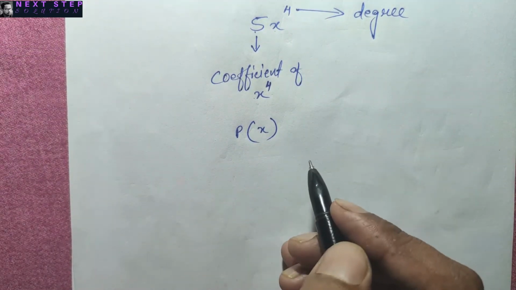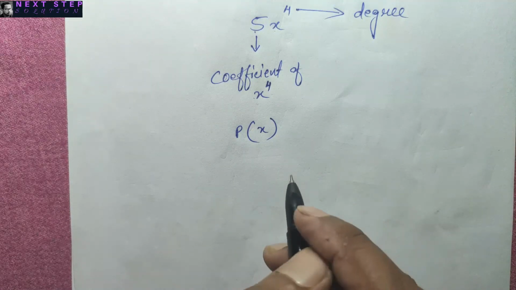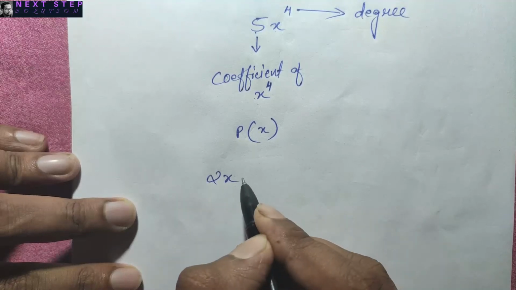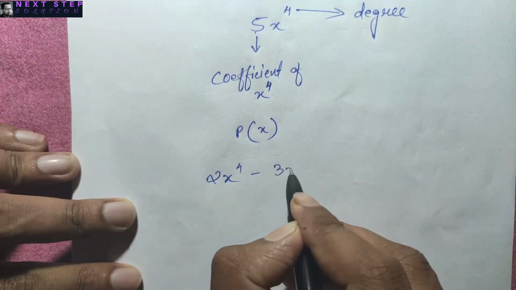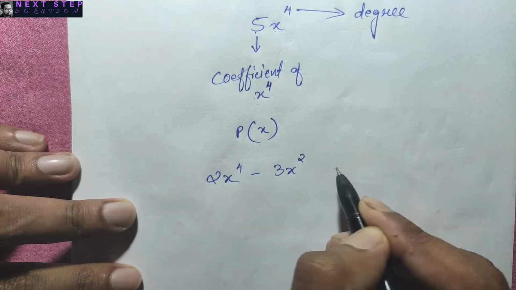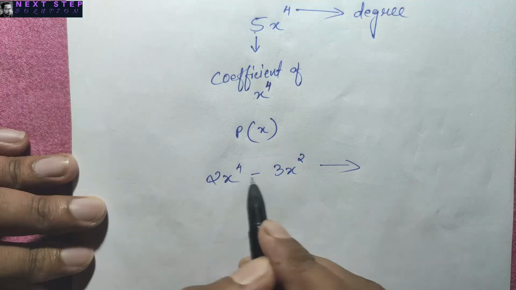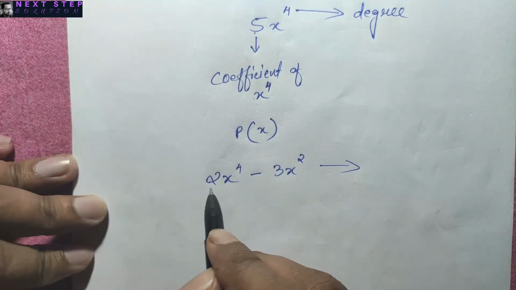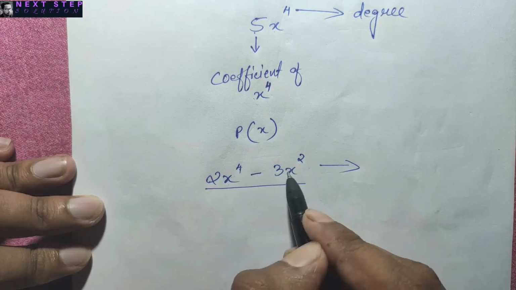Now, let us see a few more algebraic expressions and identify whether each is a polynomial or not. Suppose we have 2x to the power 4 minus 3x to the power 2. Now this is an algebraic expression. In this algebraic expression, the powers of the variable are whole numbers, 4 and 2.